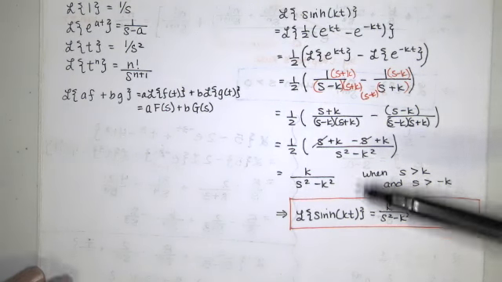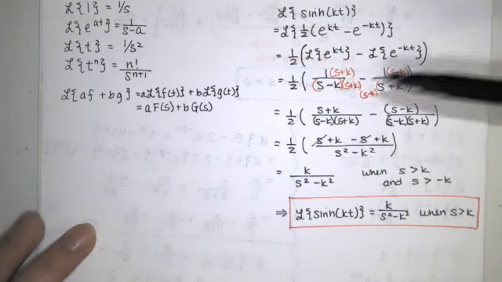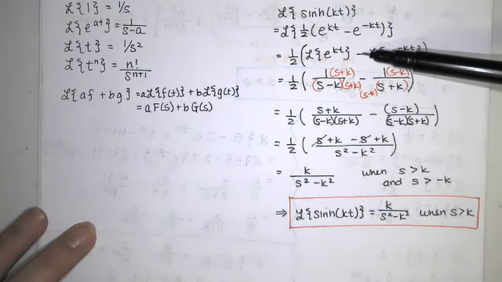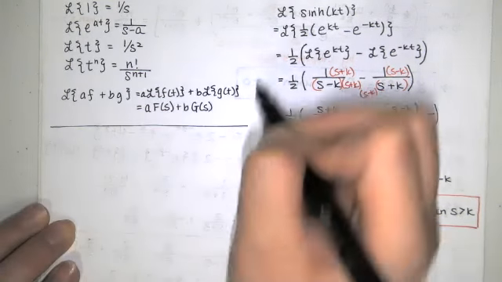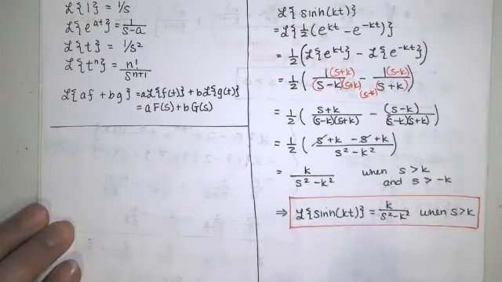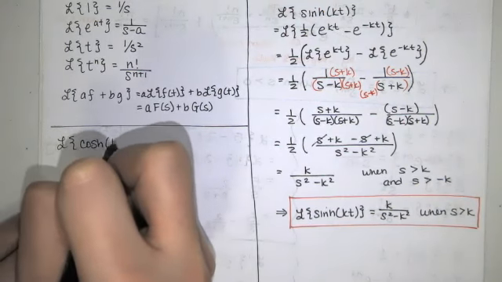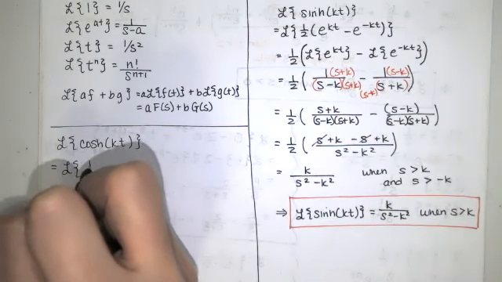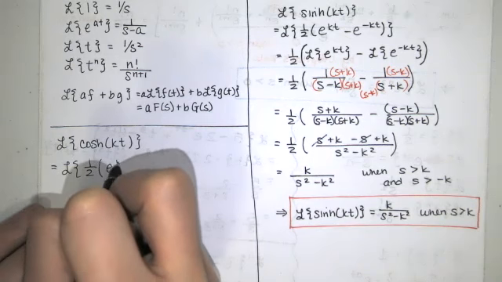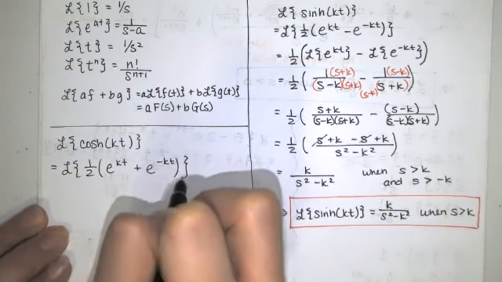Now, hyperbolic cosine is very similar. The only difference between the definition of hyperbolic sine of kt and the hyperbolic cosine of kt is that we're going to have a positive sign here instead of a negative sign. So let's work that one out. The Laplace transform of hyperbolic cosine of kt is equal to the Laplace transform of 1/2 of e to the kt plus e to the negative kt by definition.